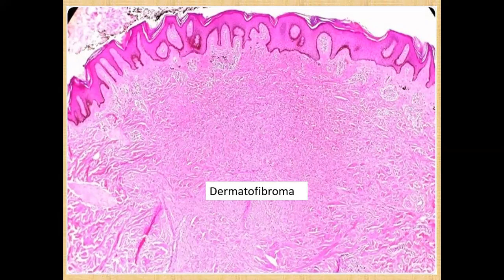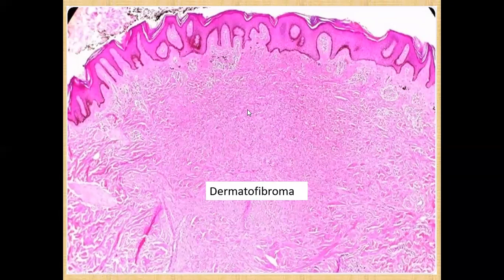In contrast, dermatofibroma is a well-localized tumor, and the epidermis overlying the dermatofibroma will be hyperplastic, while the epidermis overlying DFSP will not be hyperplastic, rather thinned out. And there is a small normal portion of a Grenz zone or a normal upper dermis, after which the dermatofibroma starts.